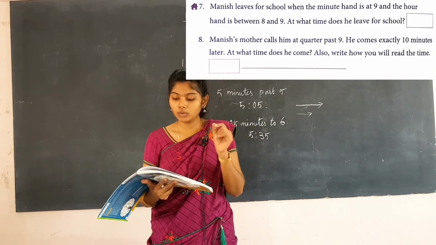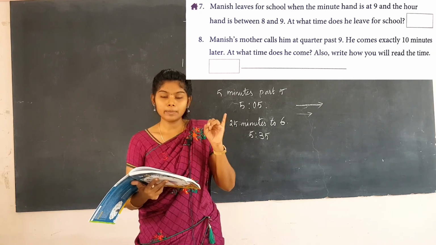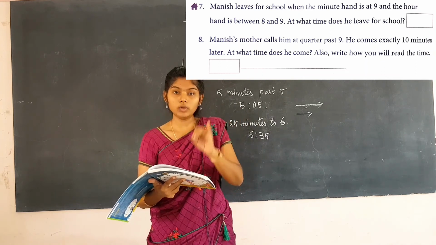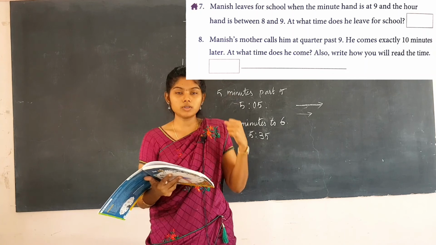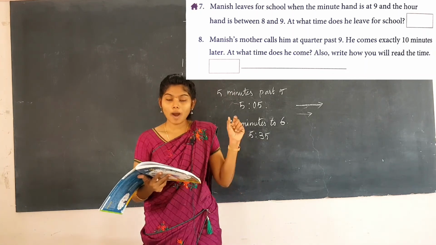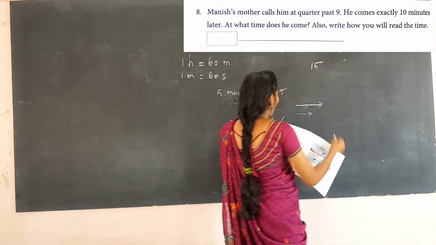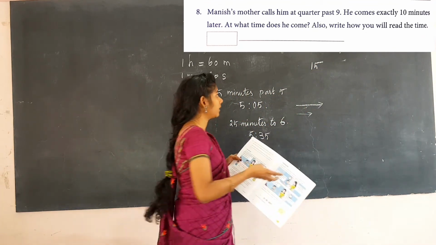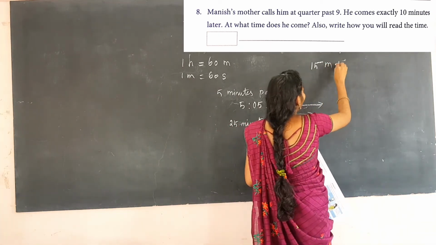Also write how you will read the time. So here you are going to write what time he comes and how you will read that time. Quarter means 15 minutes, and he is coming 10 minutes later, which means you have to add 10 minutes.